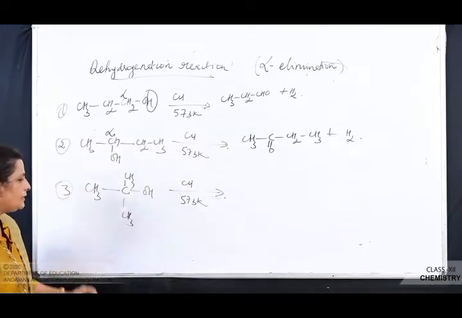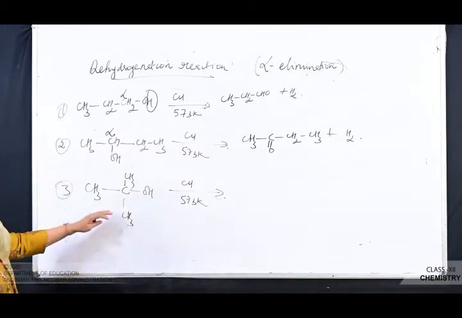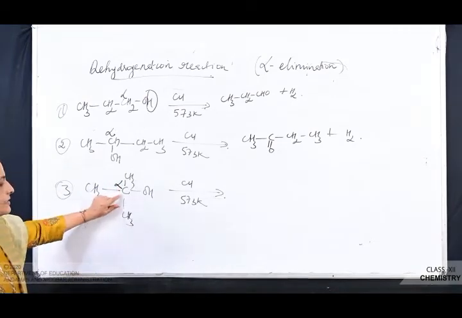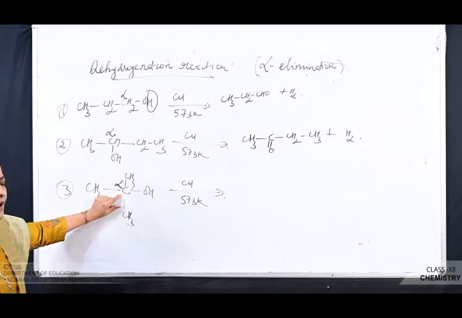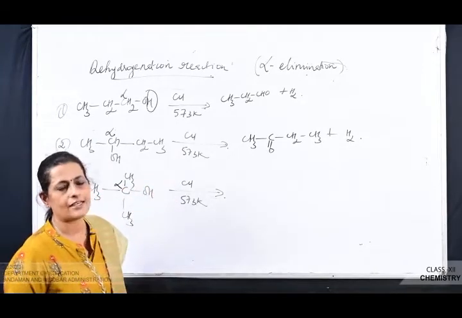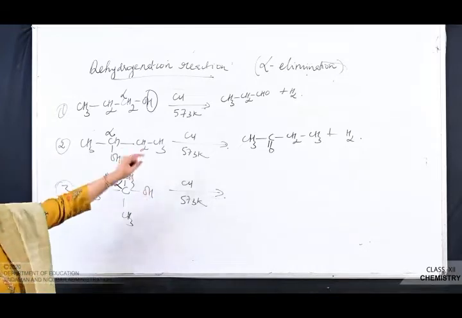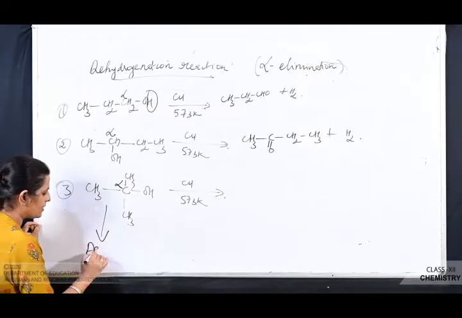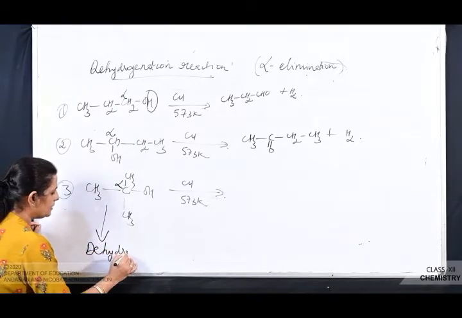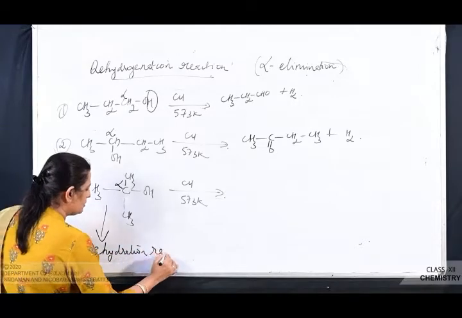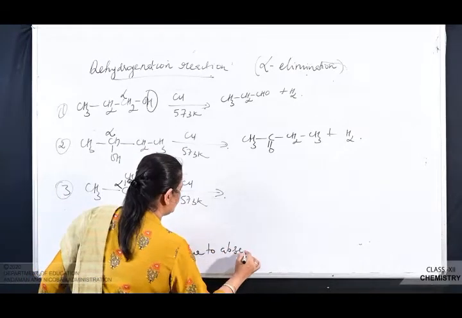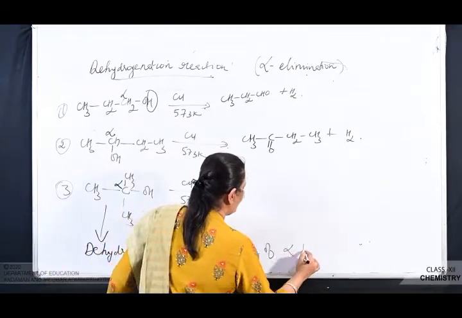Now let us come to the tertiary alcohol. Here is alpha elimination possible? This is the alpha carbon. Does it have any hydrogen atom? It does not have a hydrogen atom. So in case of tertiary alcohol, when heated with copper at 573 Kelvin, it does not undergo dehydrogenation reaction, but it undergoes dehydration reaction due to the absence of alpha hydrogen atom.